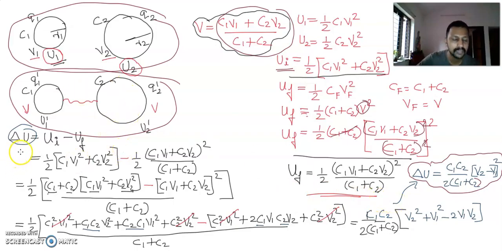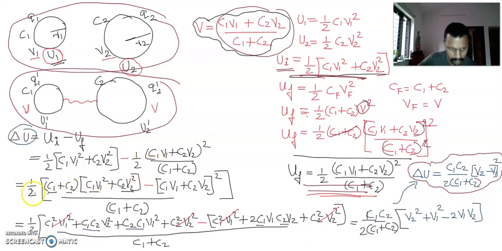Then the loss in potential energy will be initial energy minus final energy. Then we are taking the difference between initial energy and final energy. On taking the difference, the next mathematical simplification is that half is taken common out and this is made into a single fraction.